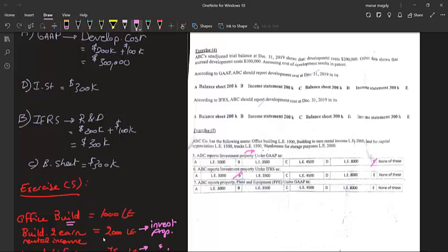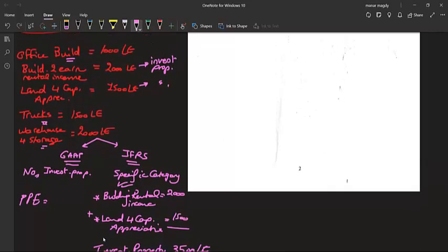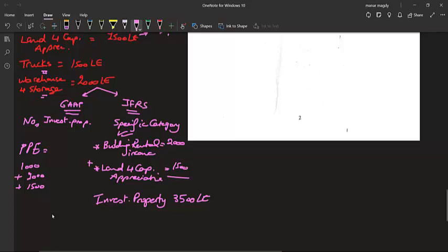And in question number 7, ABC reports property, plant, and equipment under GAAP. It would be just the summation of them all in total. So under GAAP, property, plant, and equipment would be the summation of all of the given: office building, plus the building to earn rental income, 2,000, plus 1,500 for the land for capital appreciation, and trucks for 1,500, and the warehouse for storage purposes, 2,000.